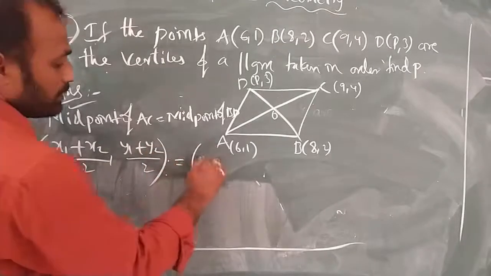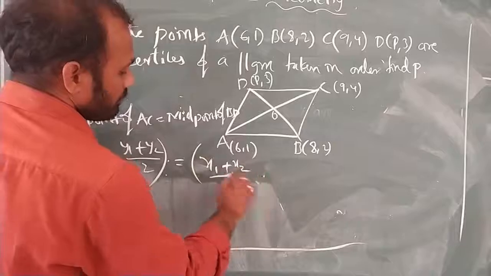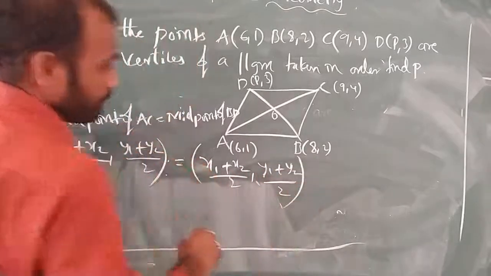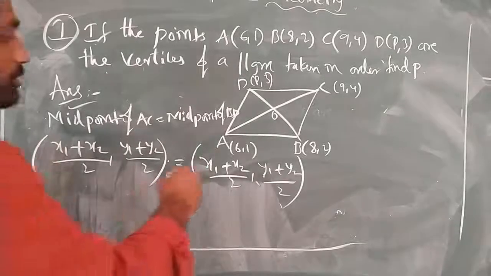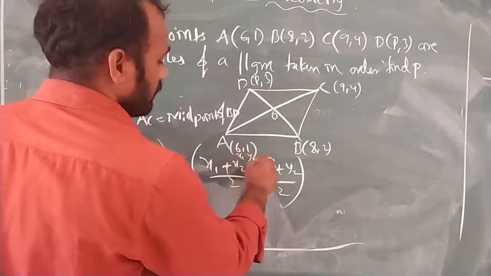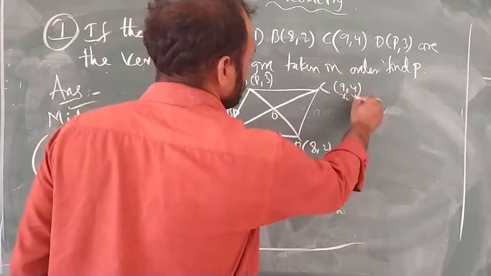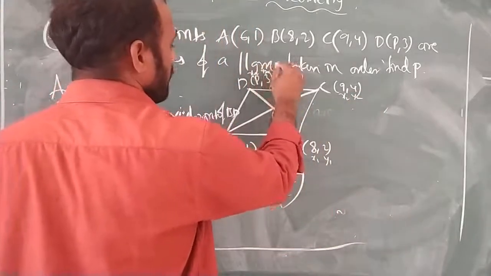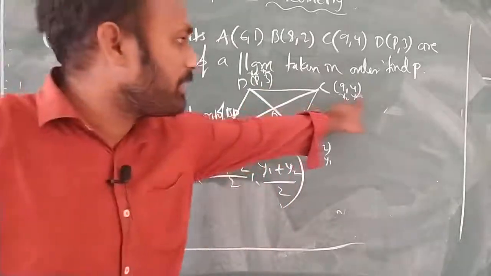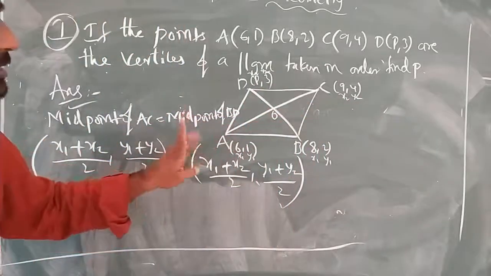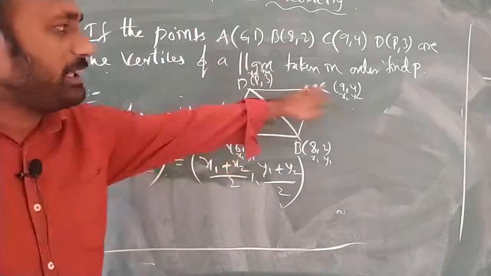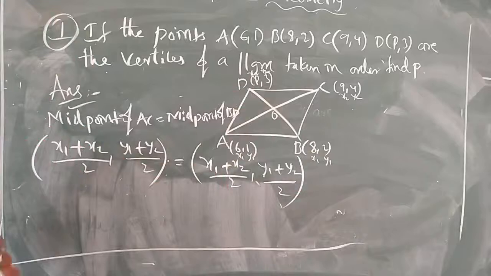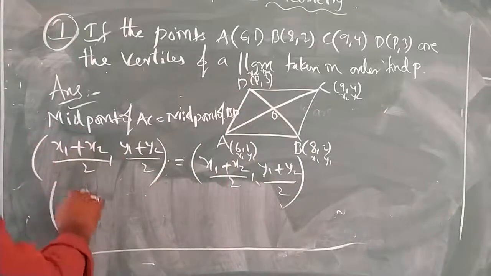Here also (x1 + x2)/2, (y1 + y2)/2. Here it is x1, y1 and x2, y2; we can take either point as x1, y1 and the other as x2, y2, no problem in that. But make sure the AC points are x1, y1, x2, y2, and the BD points also are x1, y1, x2, y2.